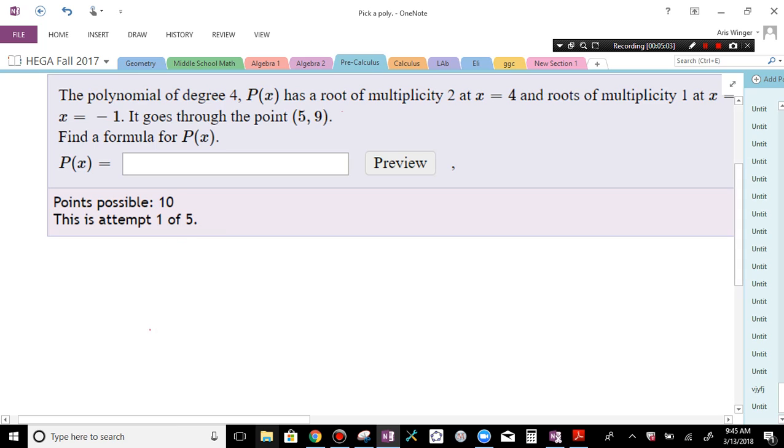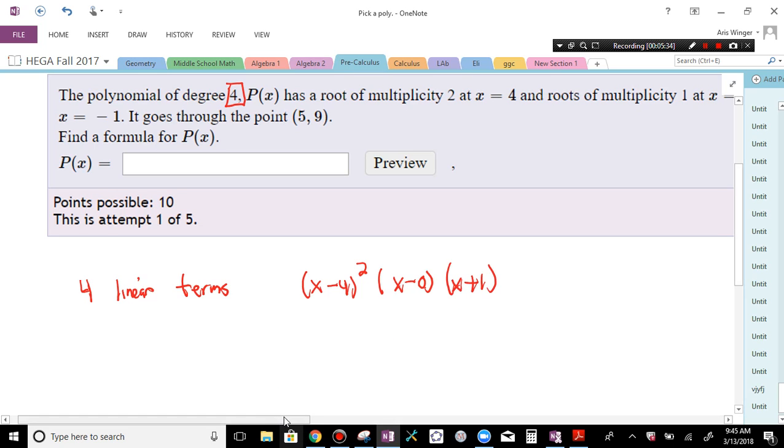And so when we translate this super carefully, we're talking about highest power. So you need 4 linear terms. That's what this 4 is for, right? And then we're talking about x minus 4 squared times x minus 0 times x plus 1.